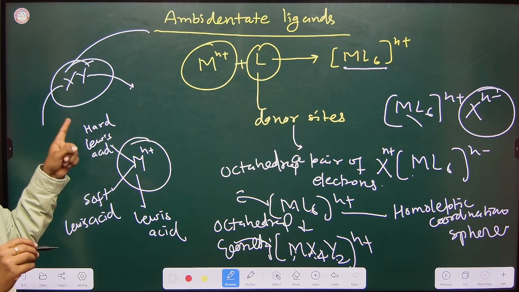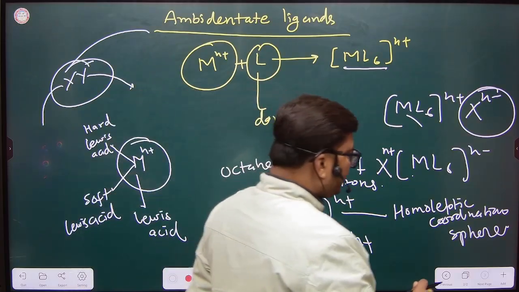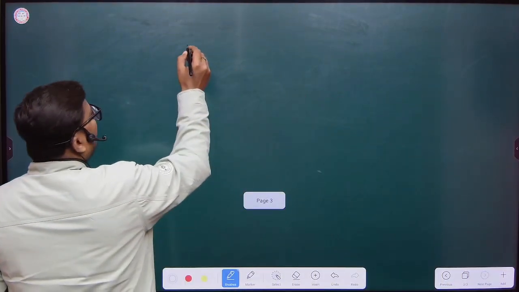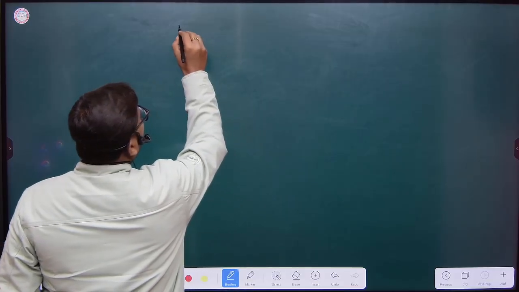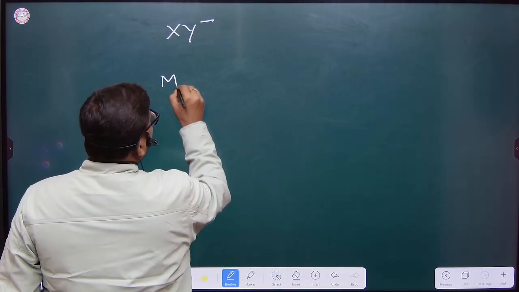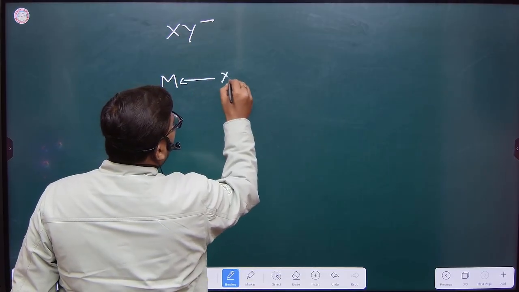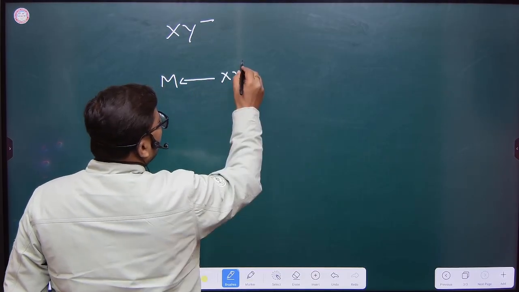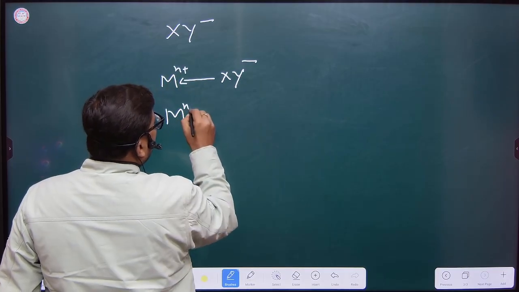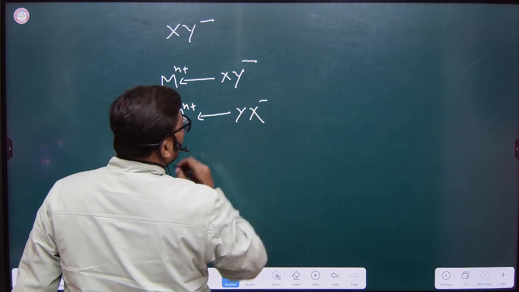But at a time only one side can capture the metal. The beauty of this ambidentate ligand, XY minus, is that it has a choice: either it can bind through XY, or it can bind through YX minus.